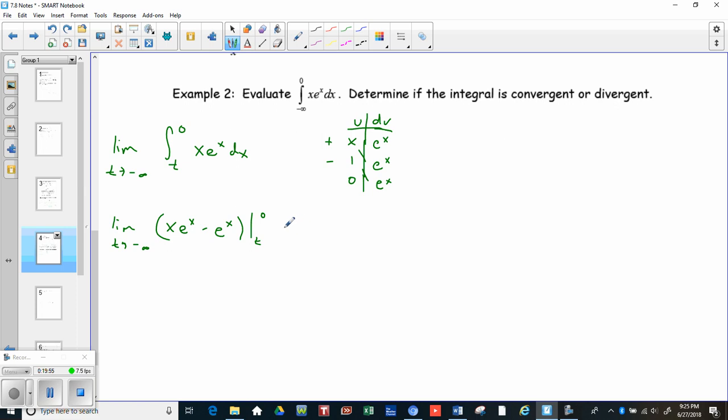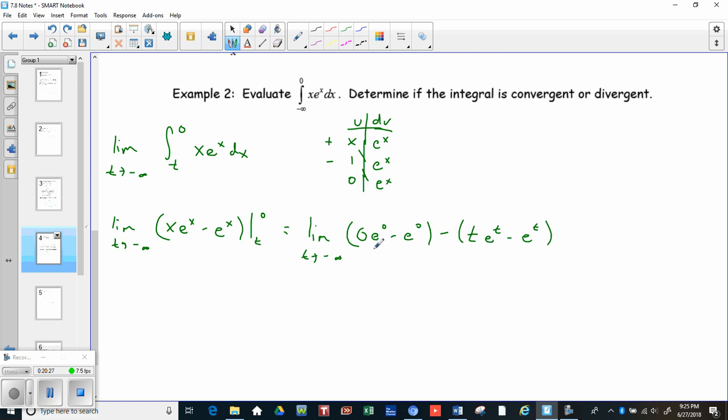So let's go ahead and plug some of this stuff in. We have the limit as t approaches negative infinity. Plugging in 0, I'm going to get 0 e to the 0 minus e to the 0, minus, plugging in t, we're going to get t e to the t minus e to the t.